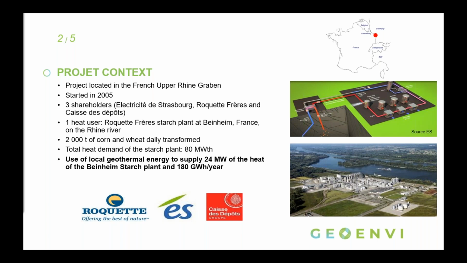This starch plant transforms 2,000 tons of corn and wheat every day, and the total heat demand of the starch plant is about 80 megawatts. So the project was supposed to provide about 24 megawatts of heat and about 180 gigawatt-hours per year.